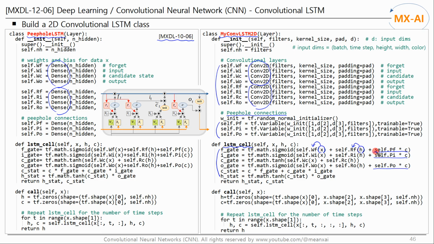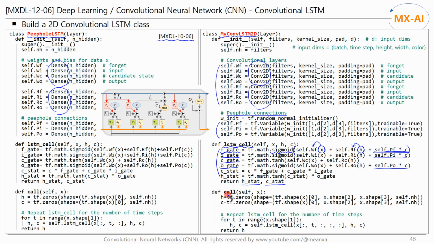The cell state C is multiplied by the peephole connections. Applying the sigmoid function to the result of adding all of these together gives us the output of the forget gate. In this way, the outputs of other gates are computed. Finally, the hidden state H and the cell state C are returned.